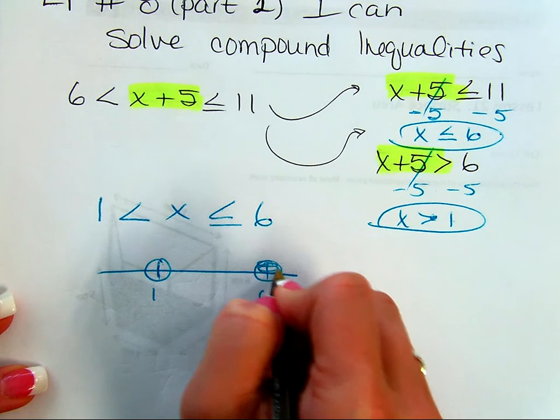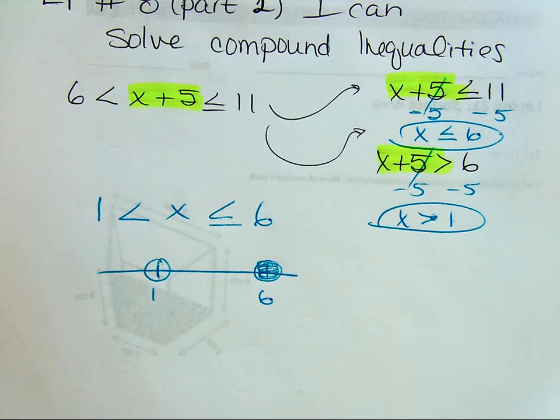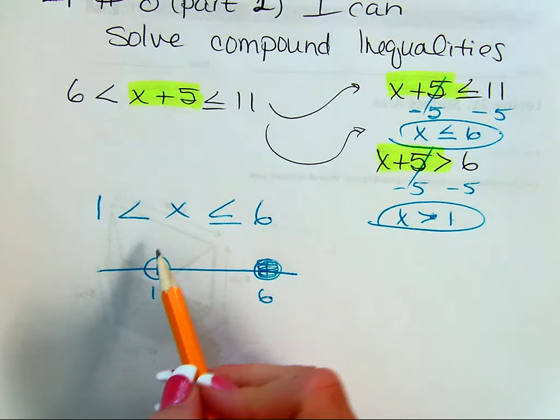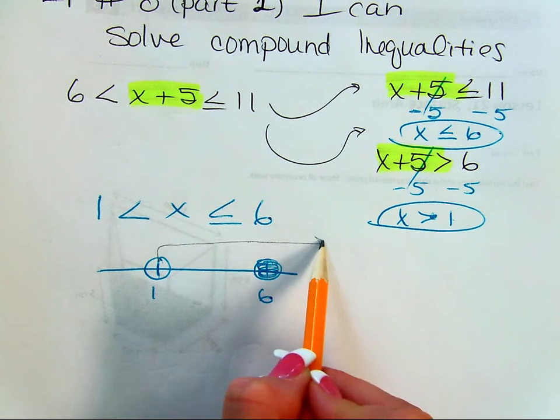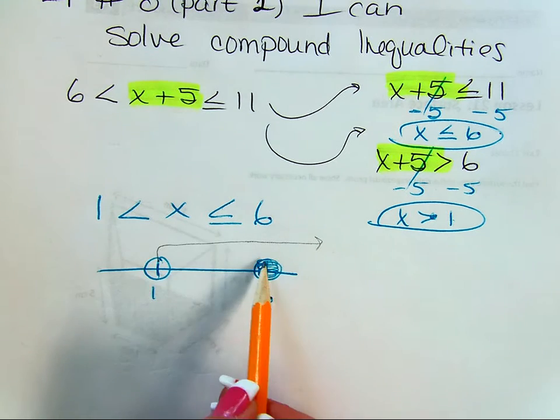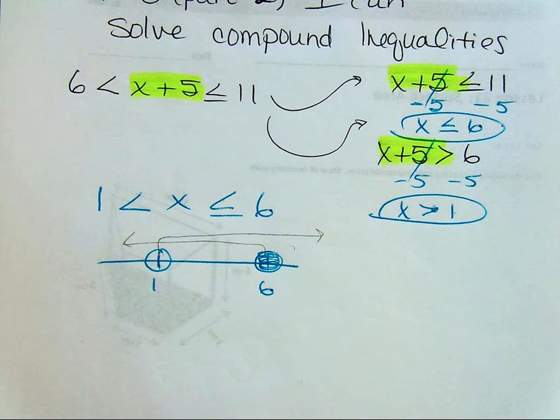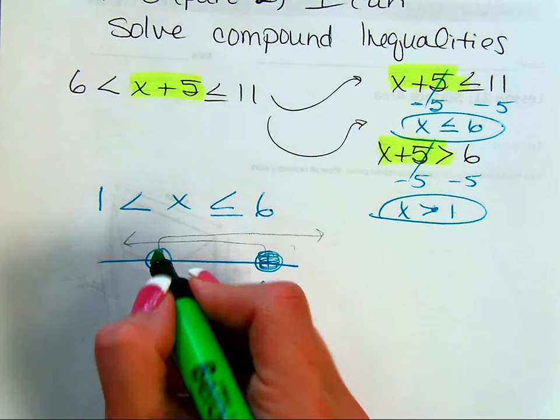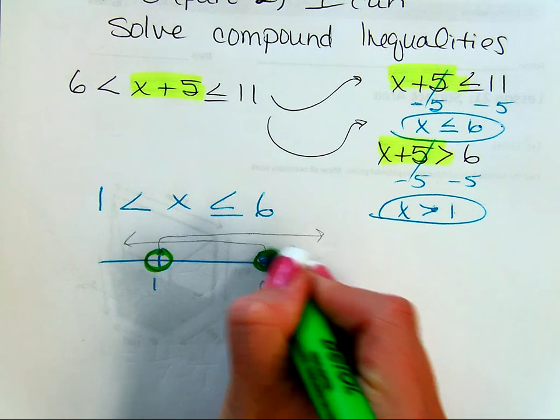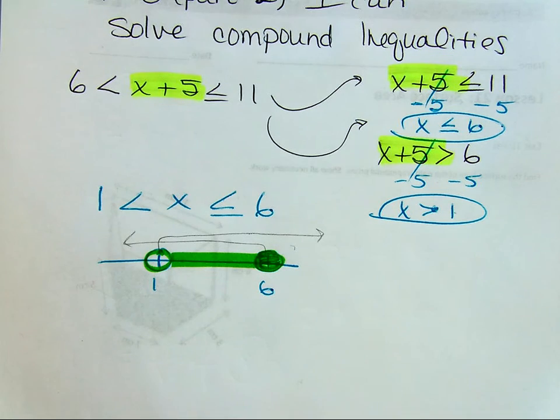This is closed. If this is all numbers greater than 1, but less than or equal to 6, I don't really want your graph to look like that. How they want it to look is like that, right? Remember that? So they don't want to see them both.